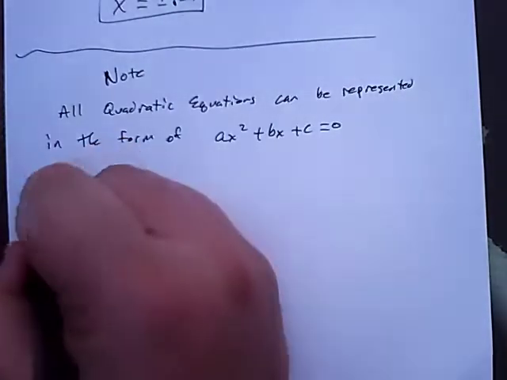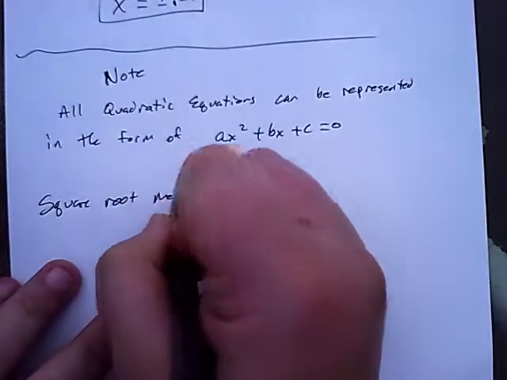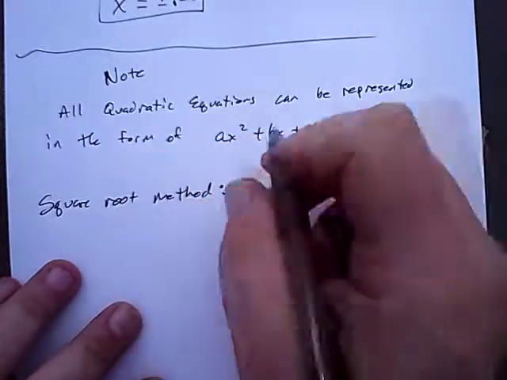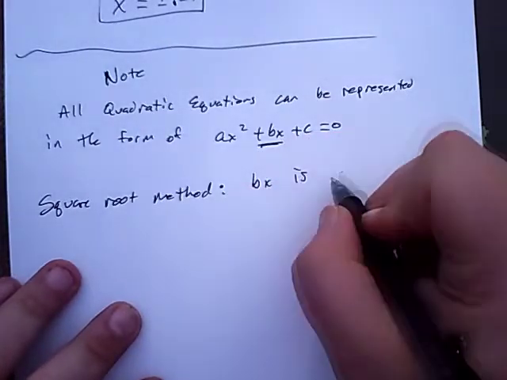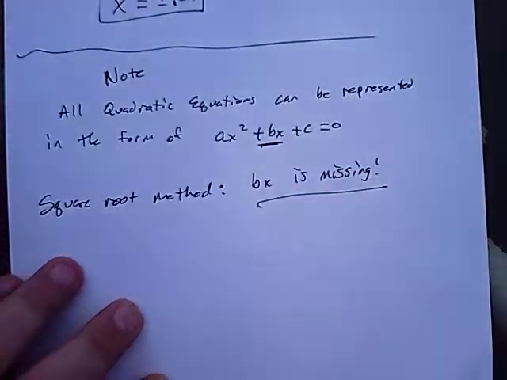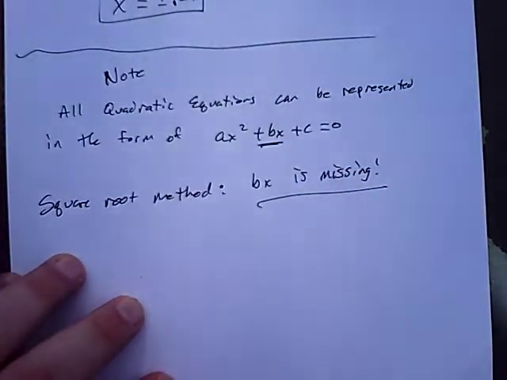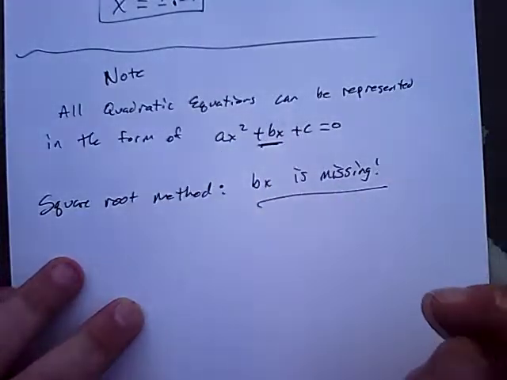And when it comes to the square root method, this middle term is missing. It's really important to note that. If you're ever solving a quadratic equation and there's no middle term, there's a really easy solution.